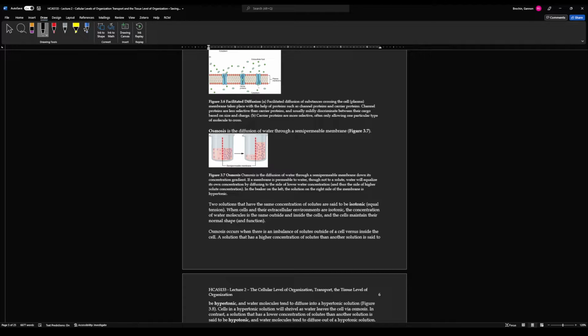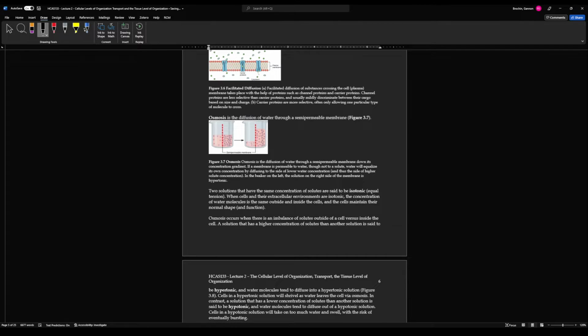And when you look at the example here, it shows us how we can actually get water to follow other molecules, okay? And this becomes important when we talk about things like the kidney, where salt balance is actually crucial for excretion of excess fluid.